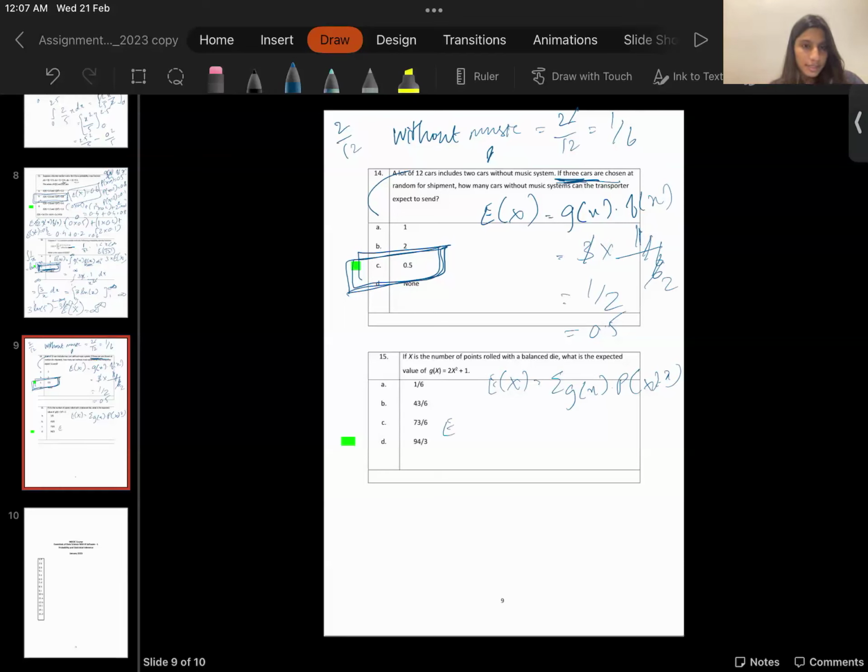So here the expectation of g of x is, when you roll a die, the outcomes are 1 to 6, so the summation ranges from 1 to 6. Your function is 2x square plus 1, multiplied by the probability of x equal to small x, where small x is 1 to 6.